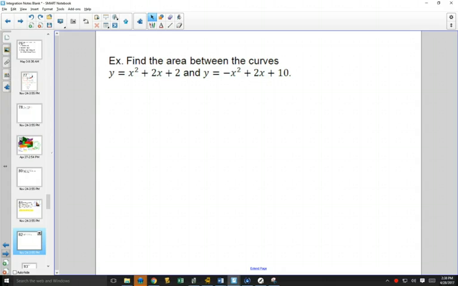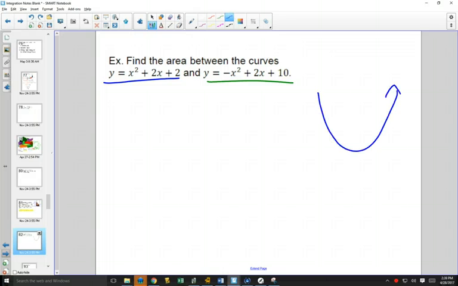So here we have two parabolas, x squared plus 2x plus 2 and negative x squared plus 2x plus 10. I'm going to draw a sketch of these ones just quickly without any axes. I'm going to do that one in blue, this one in green. Would you agree that that blue parabola looks something like this?